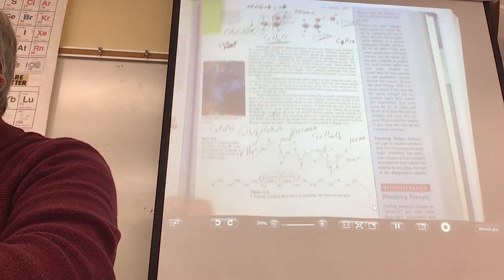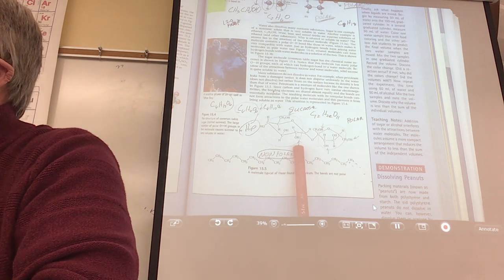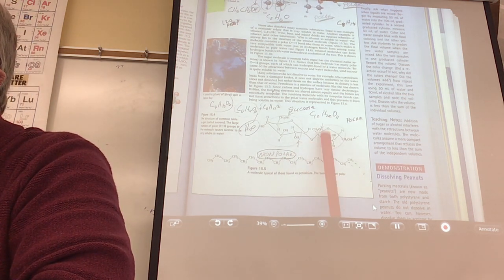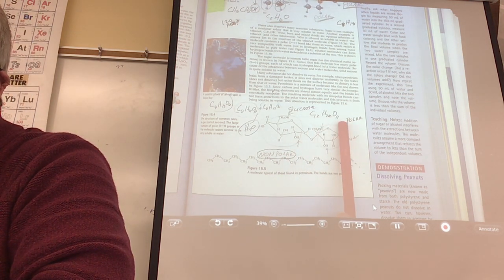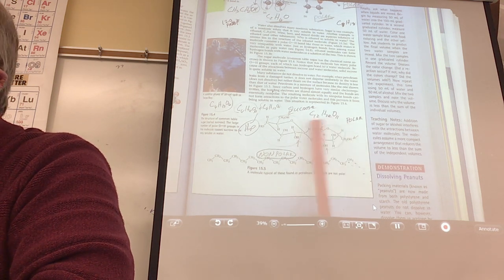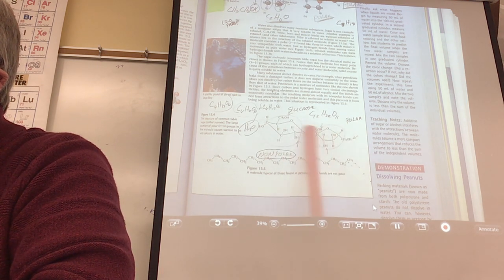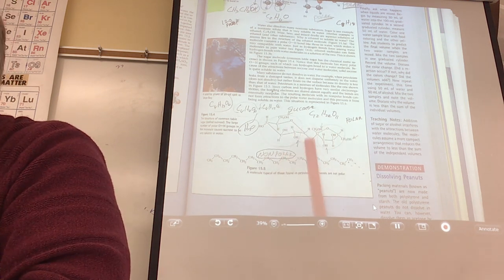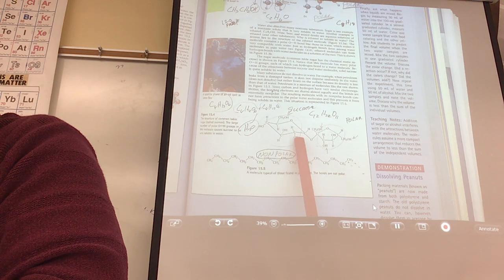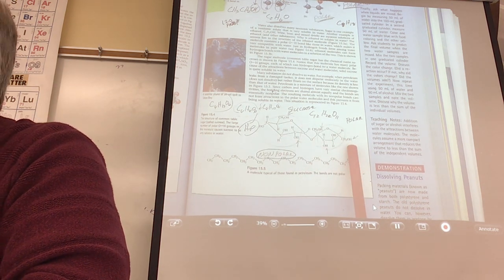Let's go down here. How about something that's not an alcohol, but something like sugar? The kind of sugar you have in your house is called C12H22O11. And all you know is that it's going to be covalent bonds all over the place, right? Here's what it actually looks like. Now, if you take a look, there's a whole bunch of these OHs here, aren't there?